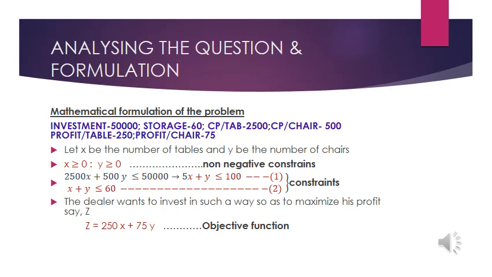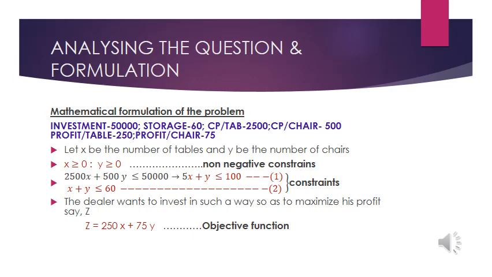The merchant can invest maximum rupees 50,000 and one table costs rupees 2,500 and a chair costs rupees 500. Therefore, we can form the constraint 2,500x plus 500y is less than or equal to 50,000, which we can reduce to 5x plus y less than or equal to 100.